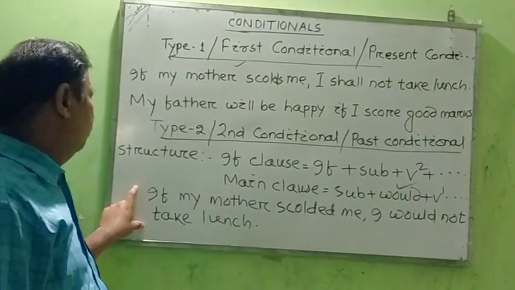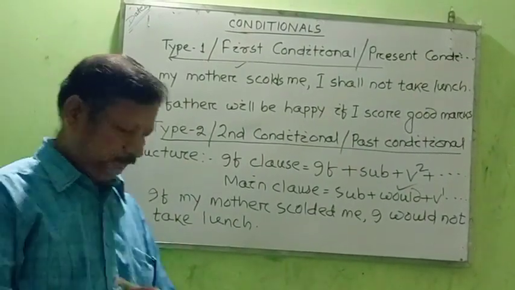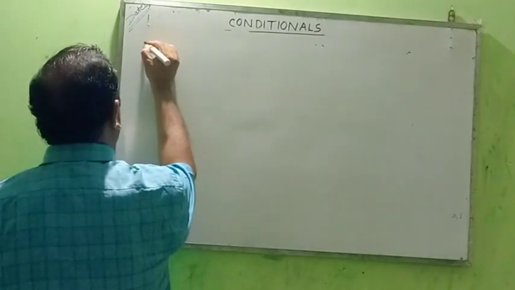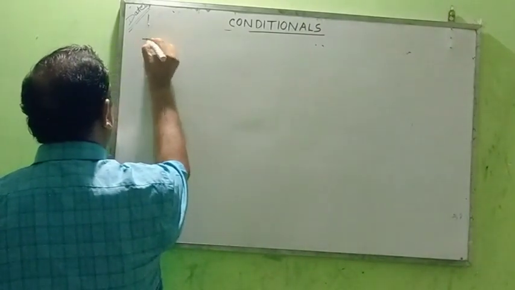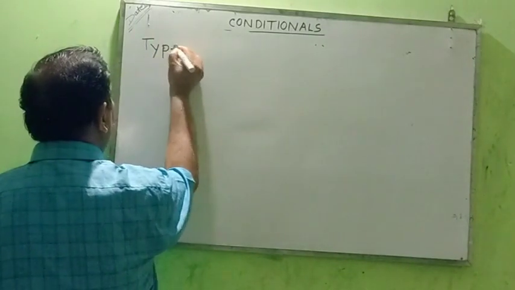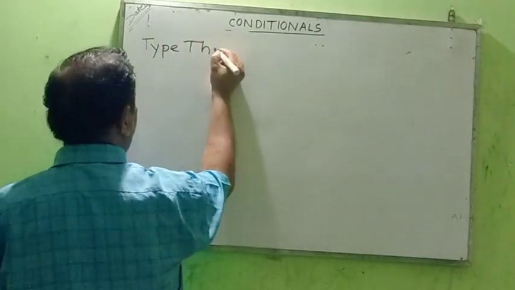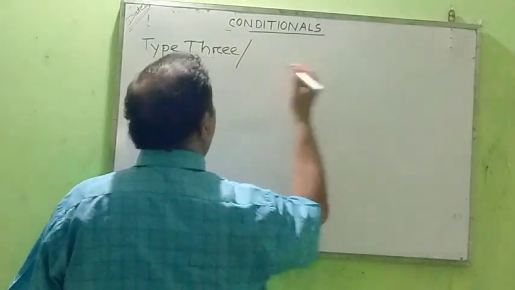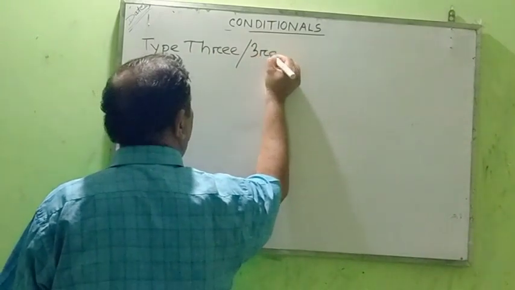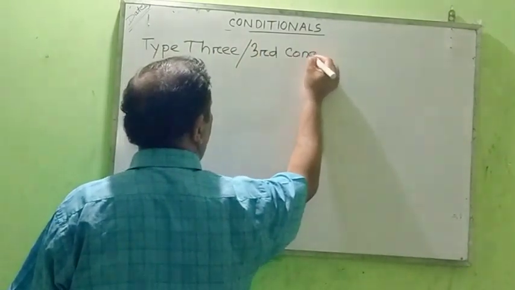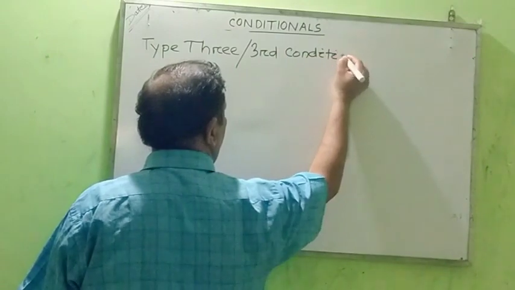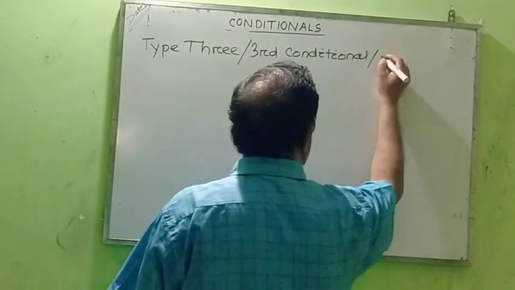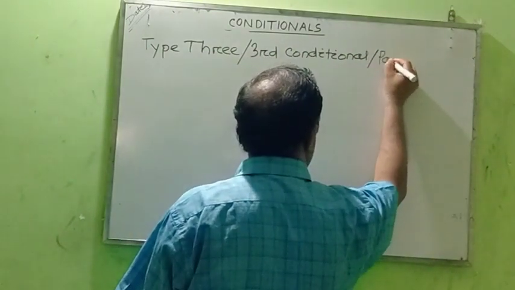Now let us come to the third conditional, type 3, which is known as the perfect conditional, past perfect.